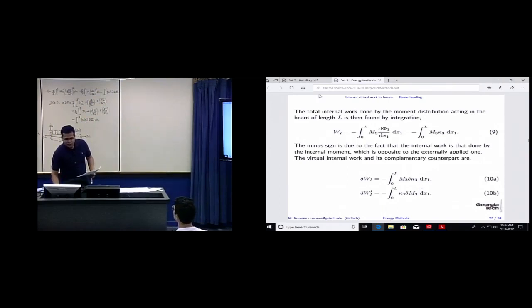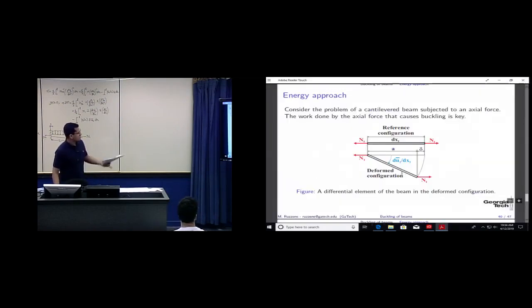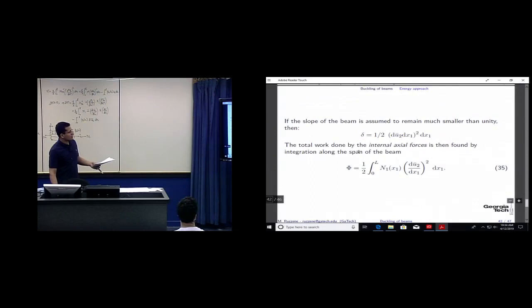So all this information is also present in the slides. Whatever we discussed, the calculation of this delta, so that we can find the work done, and then we got the potential due to externally applied load.